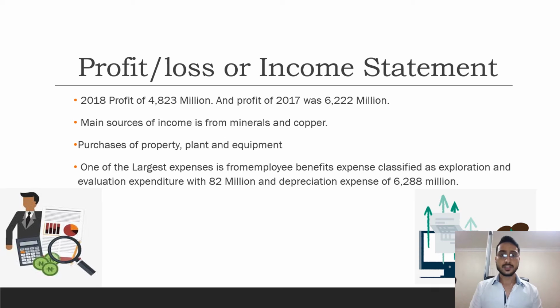In case of the profit and loss statement, the profit for 2018 has gone down a little bit from 6,222 million in 2017 to 4,823 million, and it is because of the Brazil case where the dam was broken in 2018 and 2017, and also it has invested more onto the assets and technologies, so the profit has gone down a little bit.